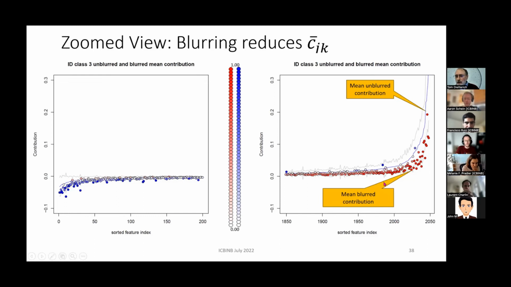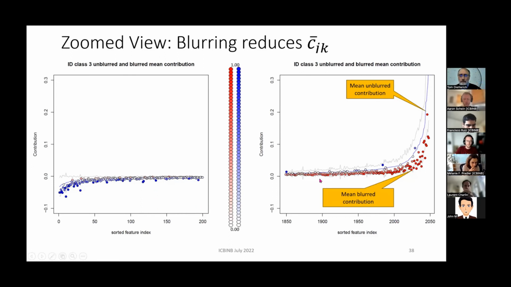That's because these are all assigned positive weights by the classifier, and if they're red, they're presence features. These are features that need to be present to be classified as class 3, and when we blur them, their activation drops. And here are features that should be absent in order to classify as class 3, and when we blur them, their activation increases, but they're assigned a negative weight. So that also causes the logit score to drop.